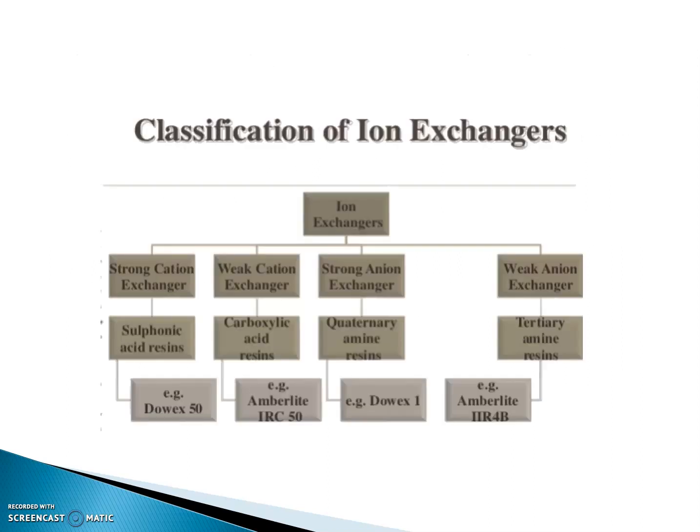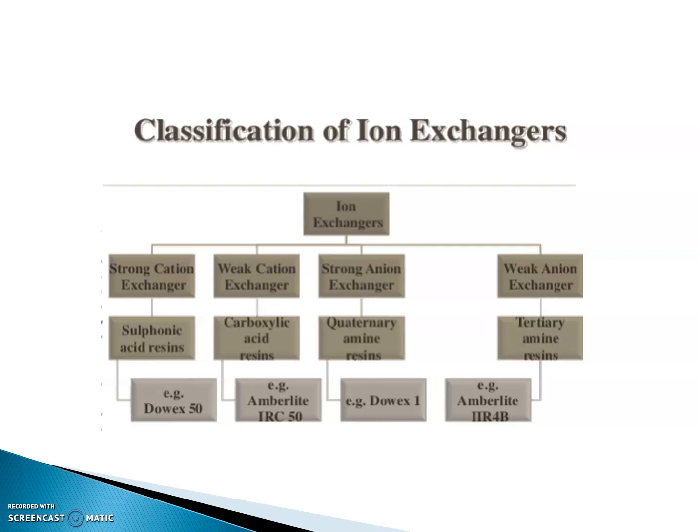Classification of ion exchangers. Ion exchangers are broadly classified into strong cation exchangers, weak cation exchangers, strong anion exchangers, and weak anion exchangers. Under strong cation exchangers, we have sulfonic acid resins. The sulfonic acids are nothing but SO3H groups.